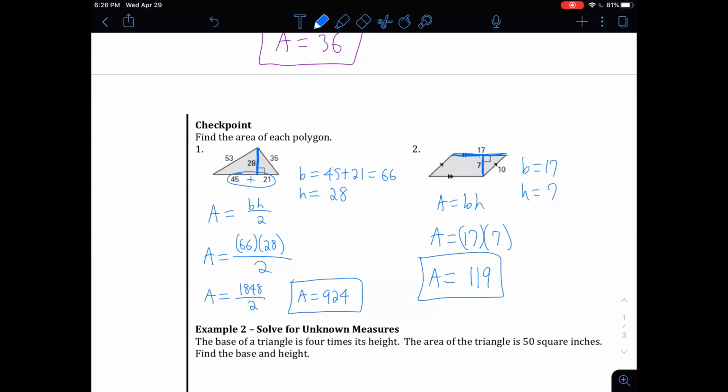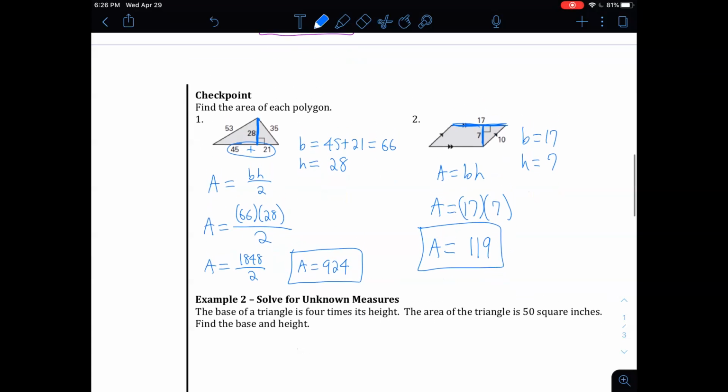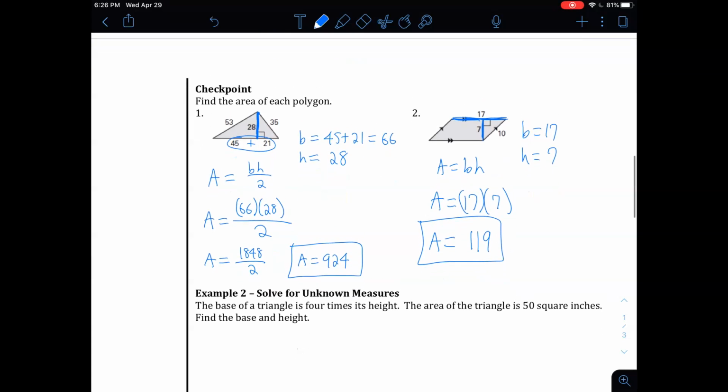Okay. I think hopefully on your quiz you won't have ones with all these different numbers. There's a ton of numbers happening in this one over here, and I think it's just a little confusing. But the base is always at a right angle to the height. Okay, so just keep that in mind.